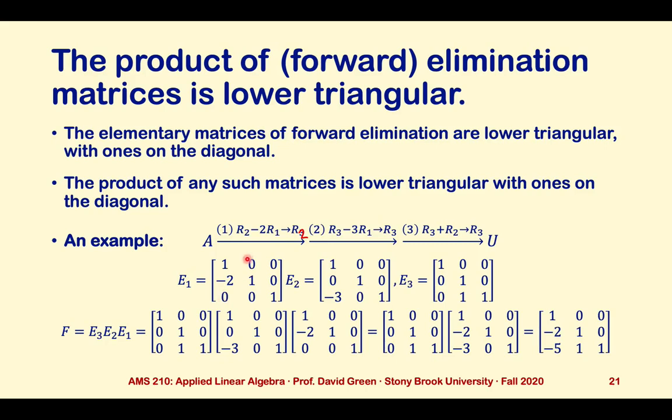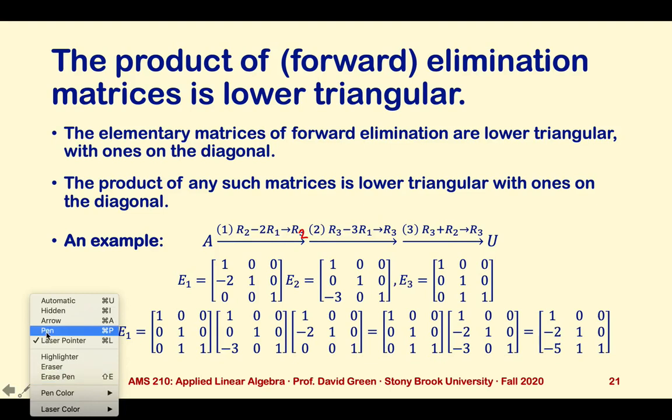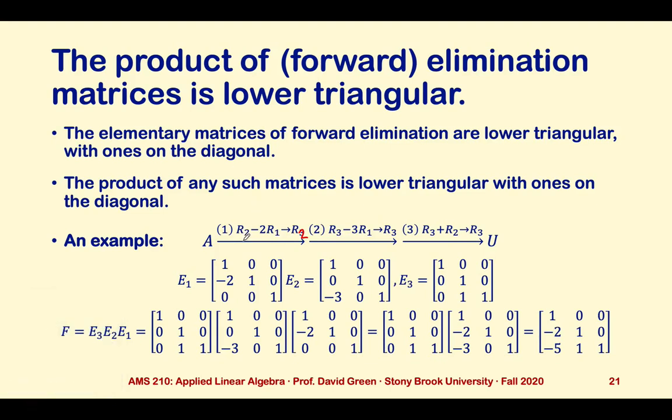We can write down matrices for each of these. We know what the general form is. The general form for this elimination matrix, subtracting 2 times R1 from R2, is an identity matrix, 1s on the diagonal, where entry 2, 1 is a negative 2. For this one, what's the corresponding entry?